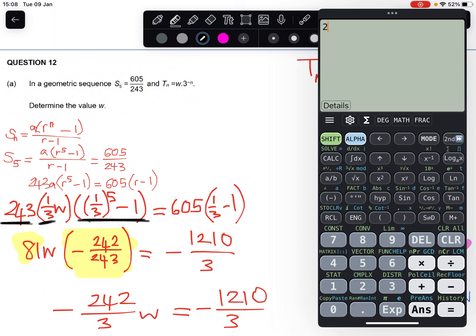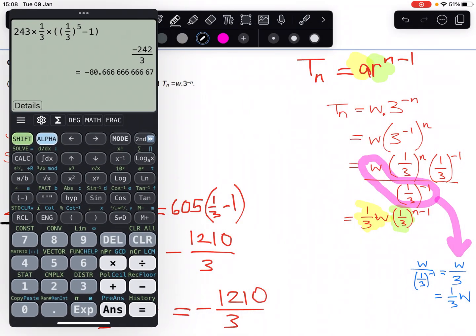Right, so 243 times a third times a third to the power of 5 minus 1. It does give me negative 243 over 3. So that's a relief, I guess.